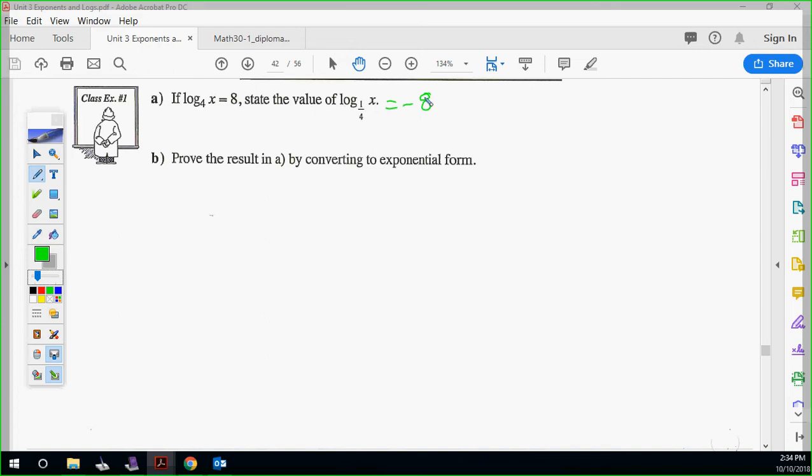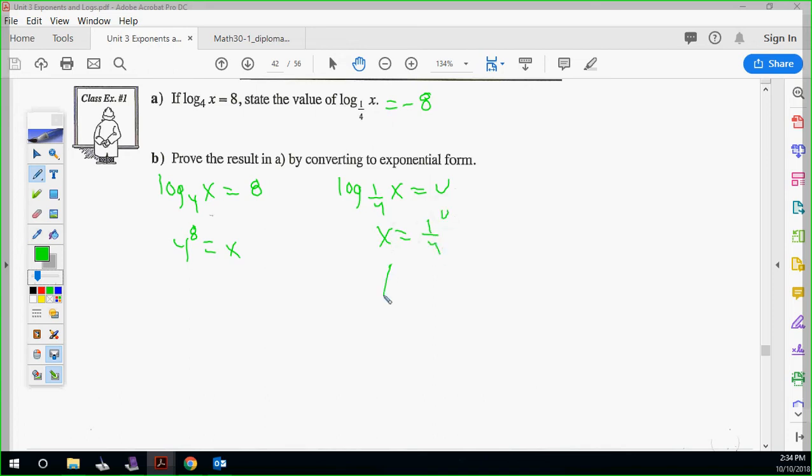Okay, prove the result. So write the proof here real quick. So that's 4 to the 8 equals x. And then we go log base 1/4 of x equals v. We don't know what v is right now. That's x equals 1/4 to the v.